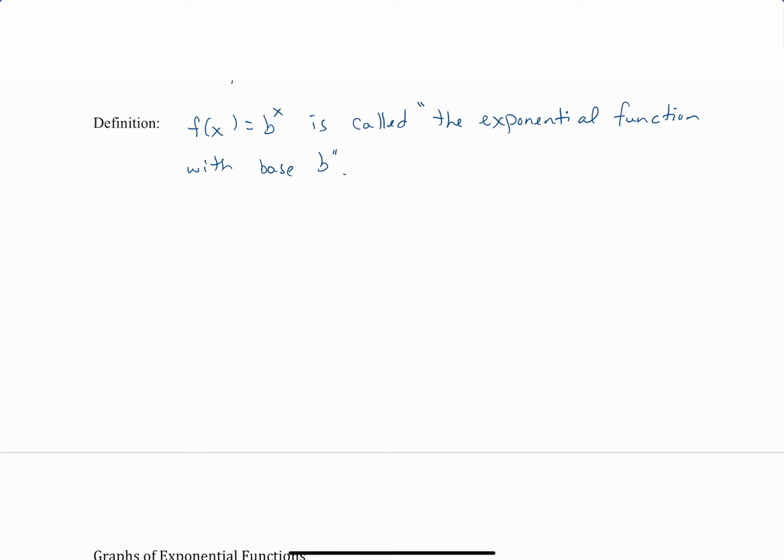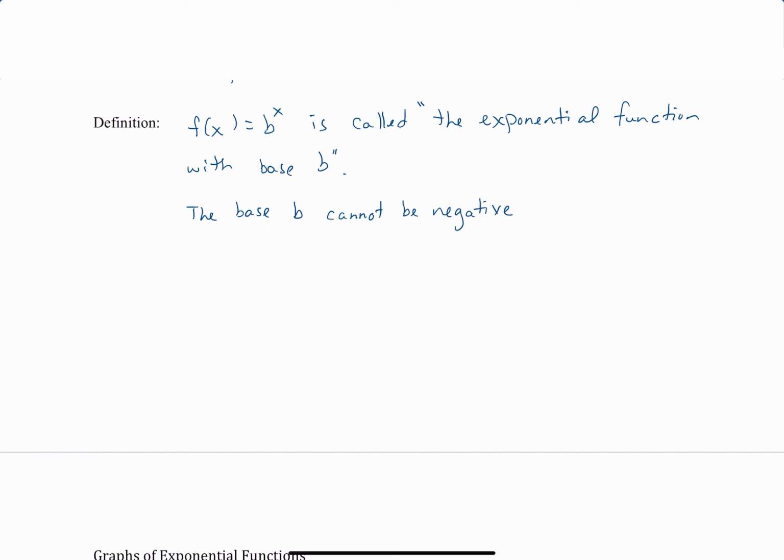This is the most basic exponential function, and it'll be our building block for other types of exponential functions that we'll see. I should mention the base b cannot be negative. Not because you can't raise a negative number to a power, it's just that's not part of what we're calling exponential functions.